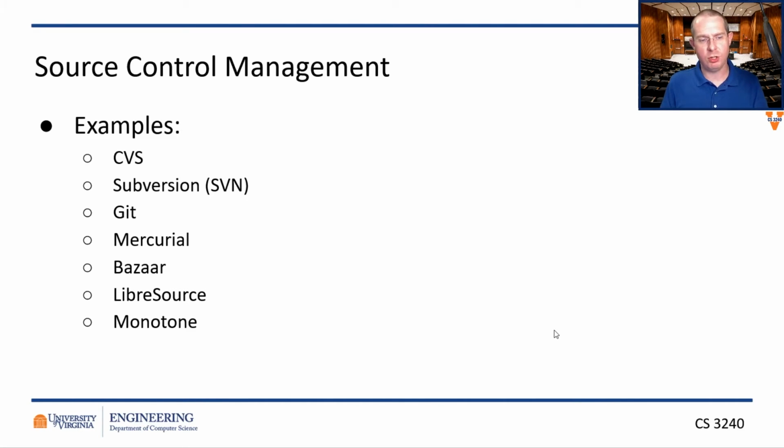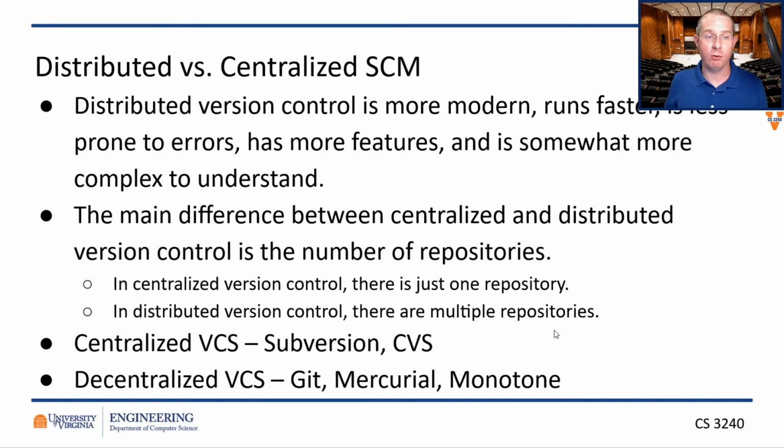Git and Mercurial were kind of the newest ones on the block, and Git has kind of won that battle for the most part. And then there's others like Bazaar, LibreSource, Monotone, and there's even more out there. There's proprietary ones from Microsoft, proprietary ones from IBM that you may or may not ever run into in your life. But in general, we can break a source control management system down into two large categories: distributed, centralized.